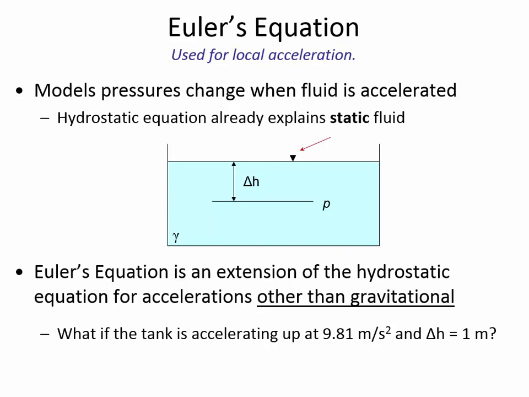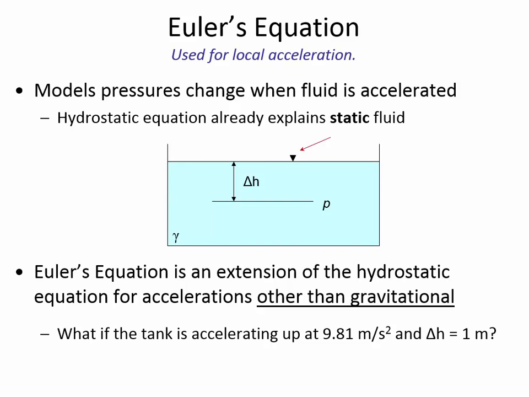So in this case, what if the tank accelerated up at 9.81 and delta H equals 1 meter? Well, the way you could think of it is that you would have the pressure being, first of all, the delta P due to the hydrostatic, which would be delta H times gamma.